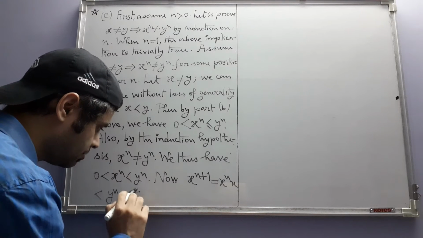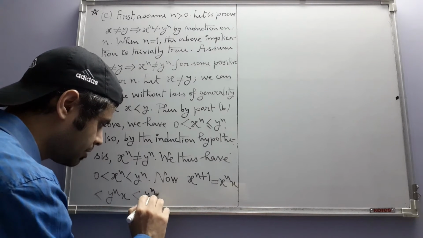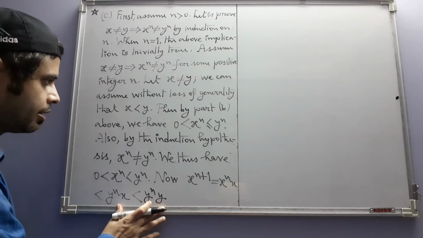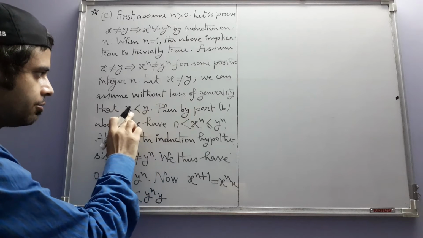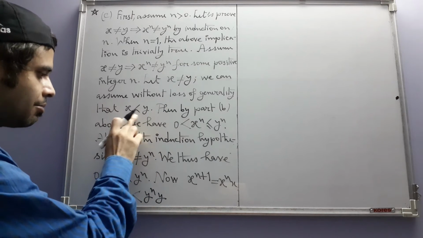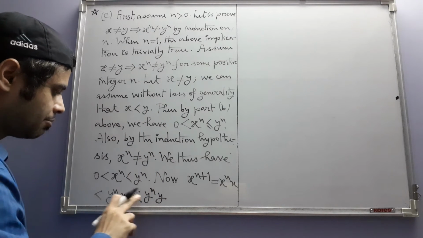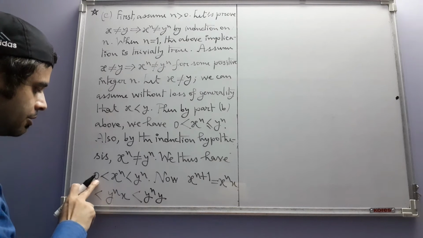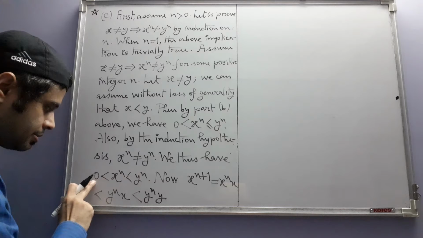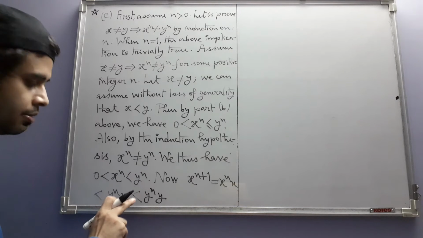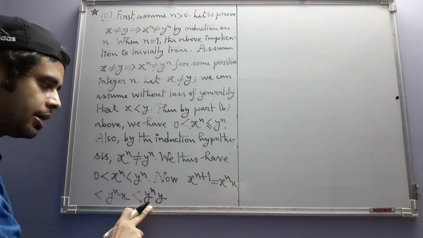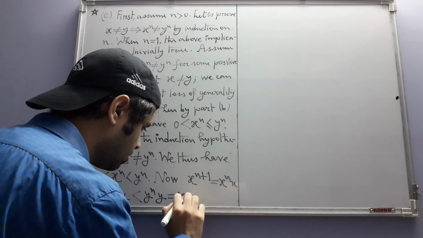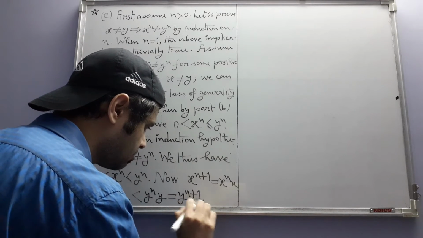Similarly, you can write y to the power n times y. Now, what has happened here? Here you look at this inequality and multiply on both sides by y to the power n. Can you do that? Yes, you can do that, because y to the power n is a positive rational number. So this last inequality is also justified, and this is nothing but y to the power n plus 1.